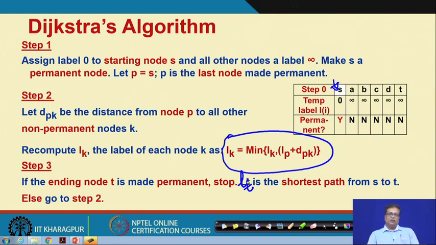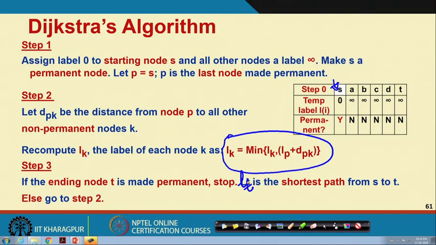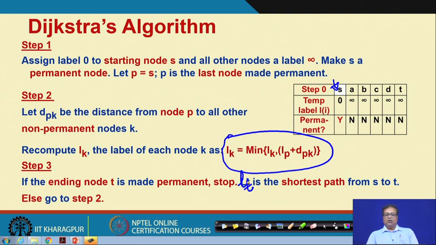So, I think Dijkstra's algorithm is clear to you now: start with temporary levels, make the lowest one permanent. In the first case, they are all infinity and only the starting node is 0, so make the starting node permanent, and from the last permanent node find out the distances, find out which one is the minimum, and make it permanent. Is it okay?